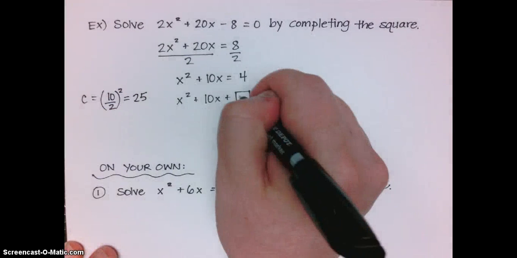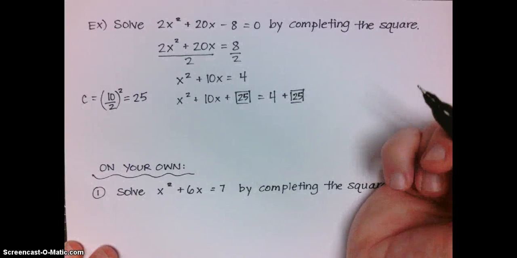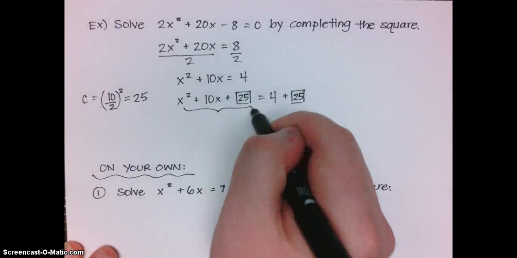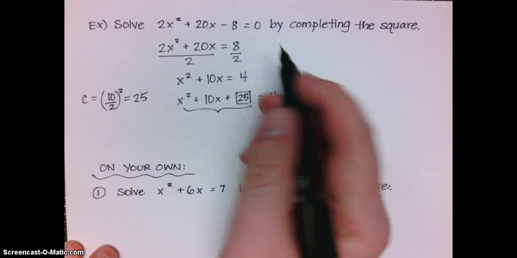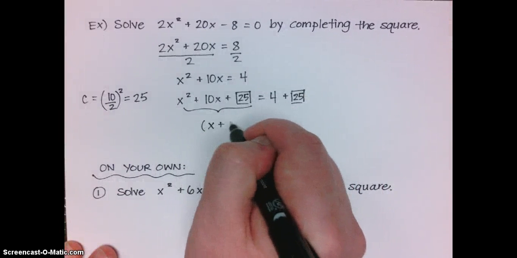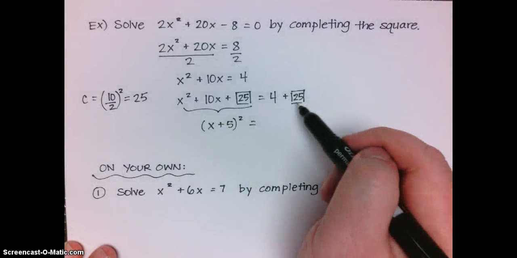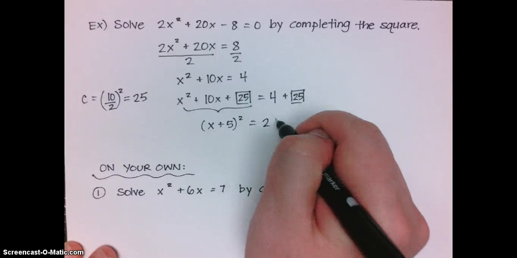So I'm going to add 25 to both sides. When I do that, this perfect square trinomial can be rewritten as x plus 5 being squared. And that's set equal to 4 plus 25 is 29.